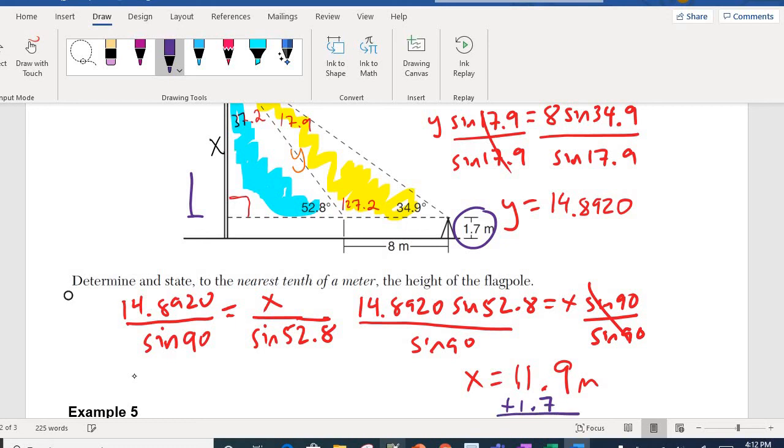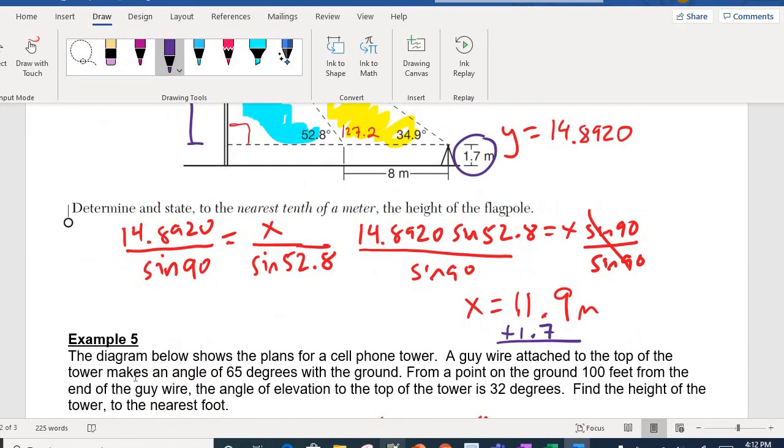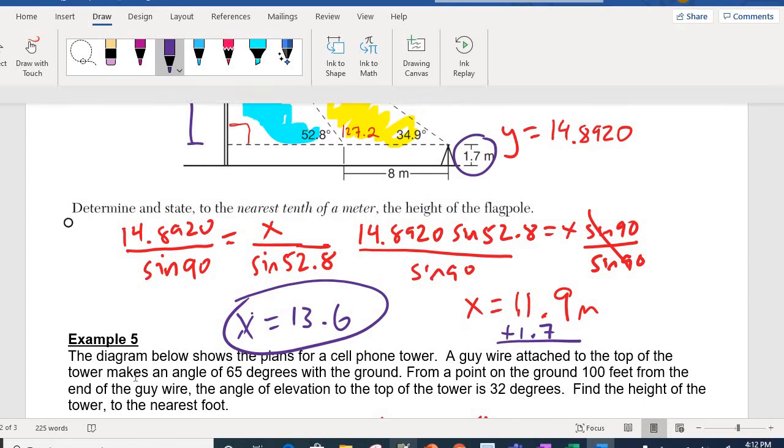So I want to not forget to do that. Okay. And if I take the 11.9 and add 1.7, you should be looking at about 13.6. Yeah, I guess that's a good reason why you should always go back and reread and recheck all your answers and look at it twice.